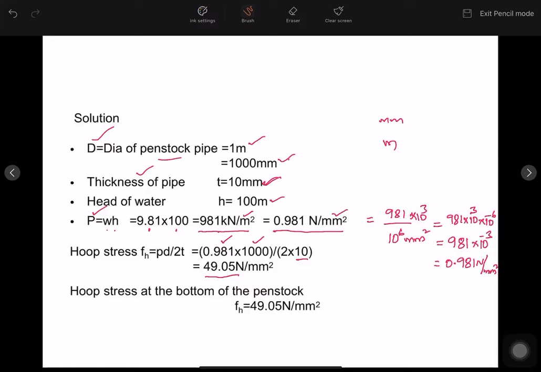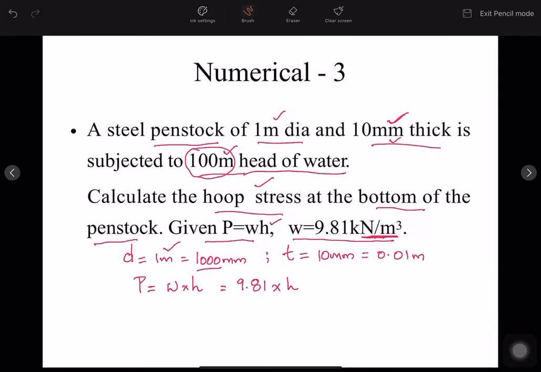So hoop stress at the bottom of the penstock is 49.05. Here we need to observe one more thing. He has given us at the bottom of the penstock.